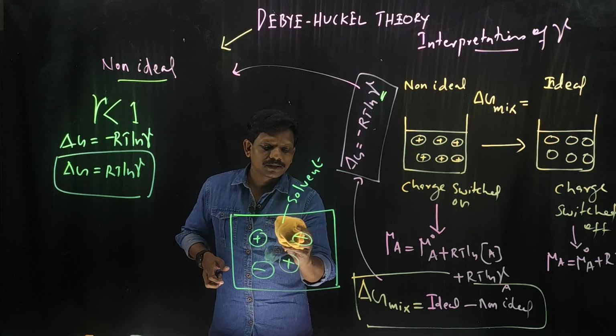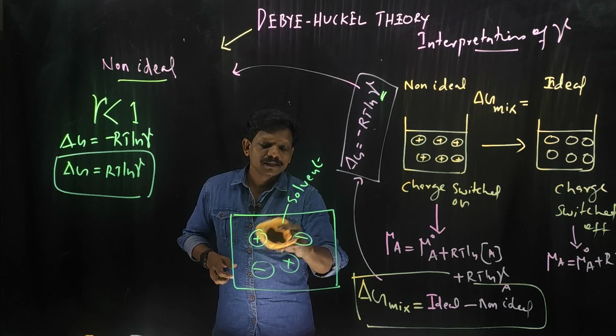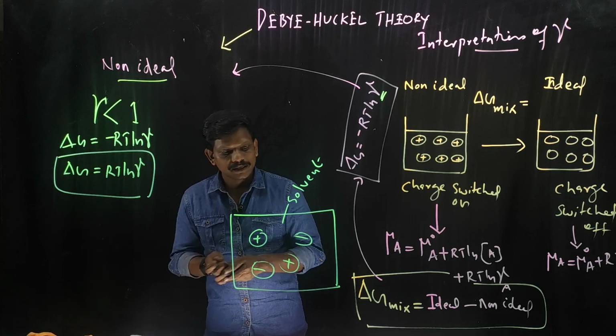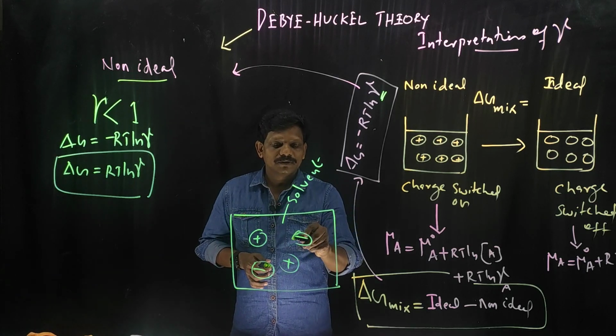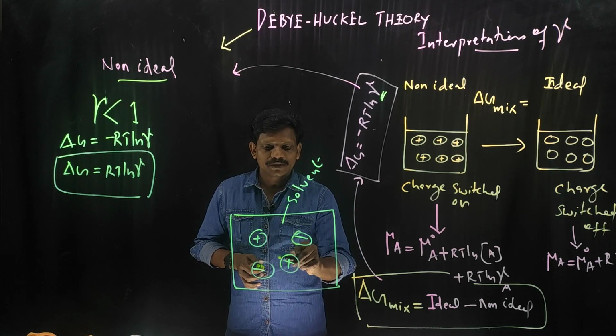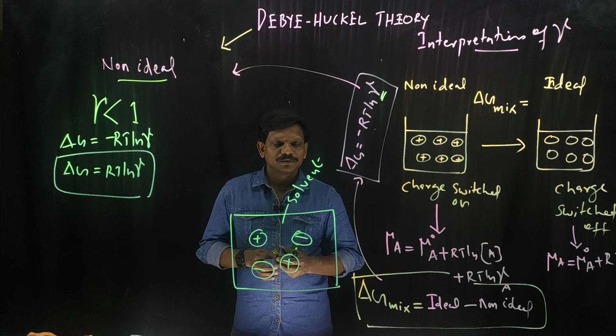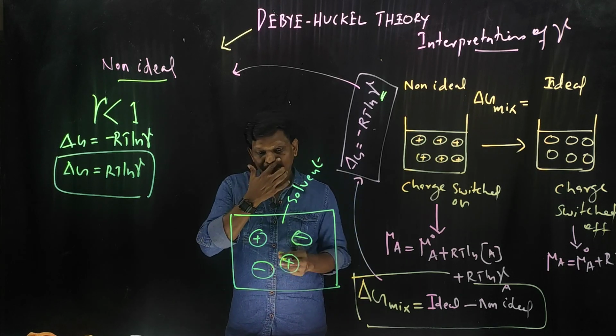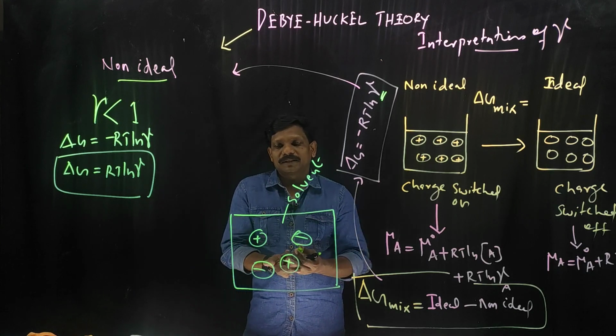That is the main reason for the destabilization of the system. But still, there are also many neutral things, that means solvent molecules are there.